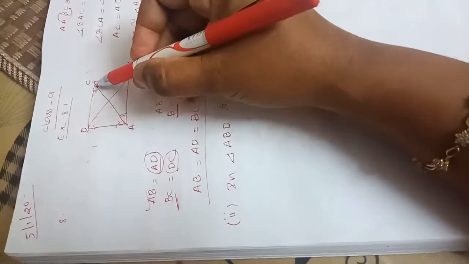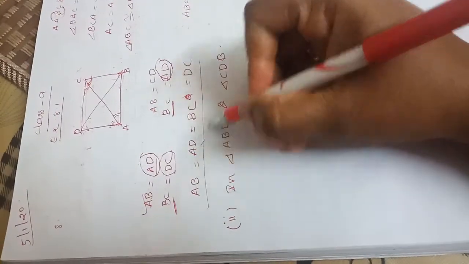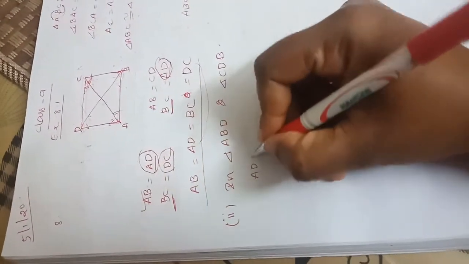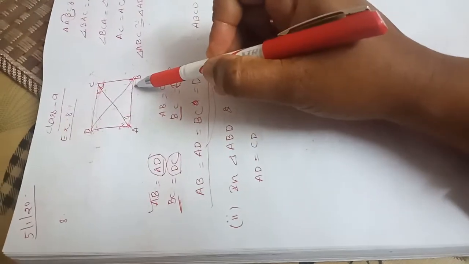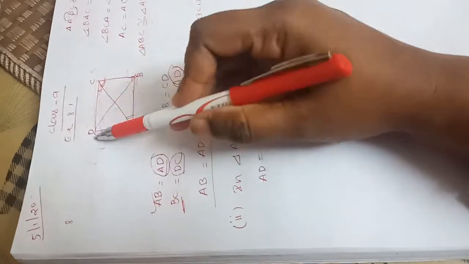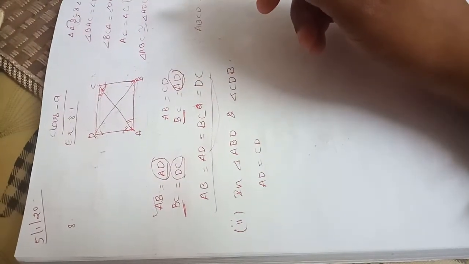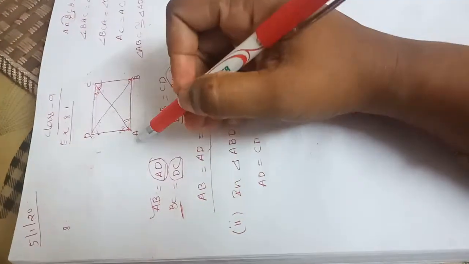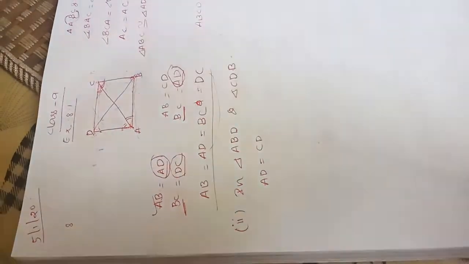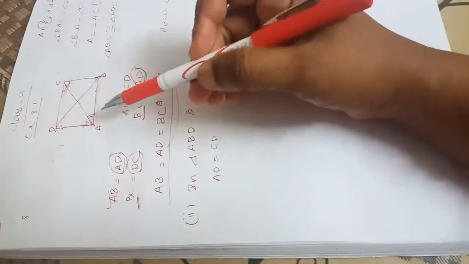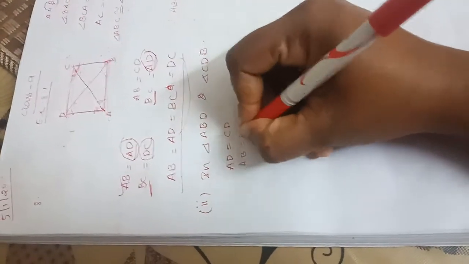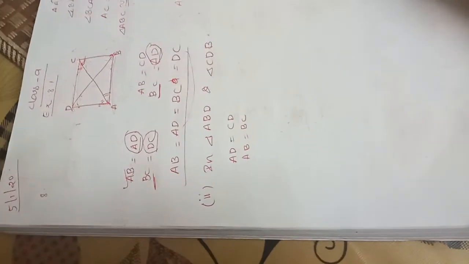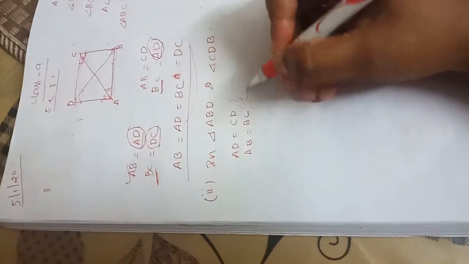AD is equal to CD, correct? Because we already proved AD is equal to CD. So I am writing AD is equal to CD, sides of square. Again AB is equal to BC. These two are also sides of a square. The reason for both is sides of a square.